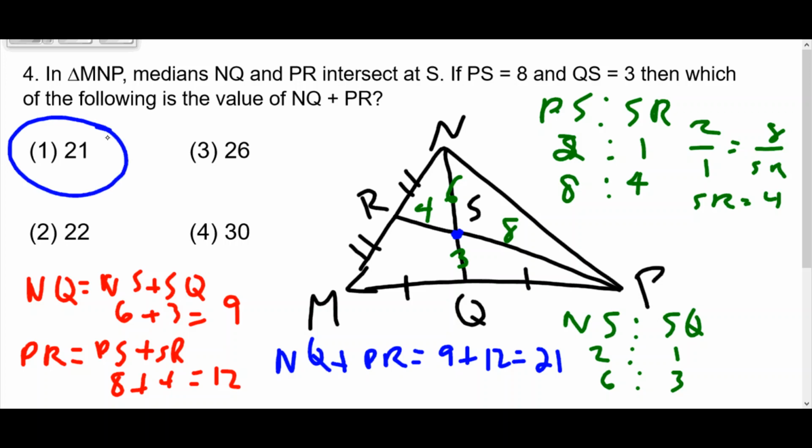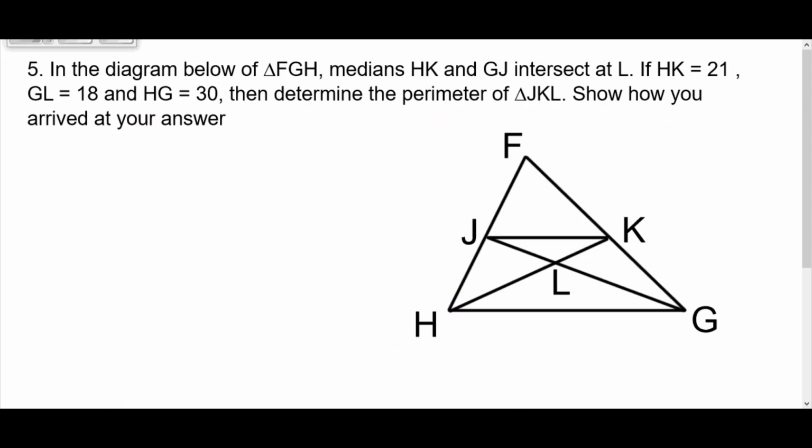Okay, all right. Now let's move on to the next question, question number 5. In the diagram below, medians HK and GK intersect at L. Okay, so HK and GK are medians, therefore we know that the centroid must be L. So if HK is equal to 21, we know the two parts in this case are HL and LK.